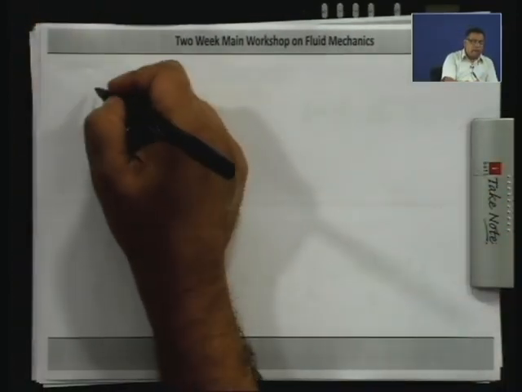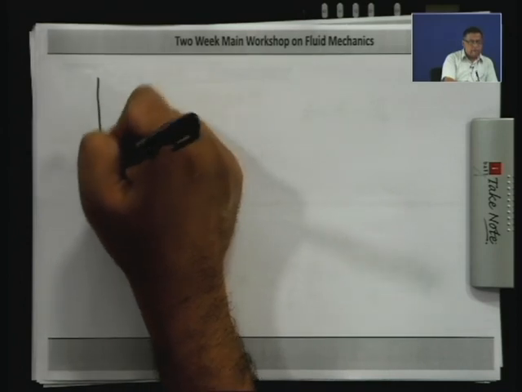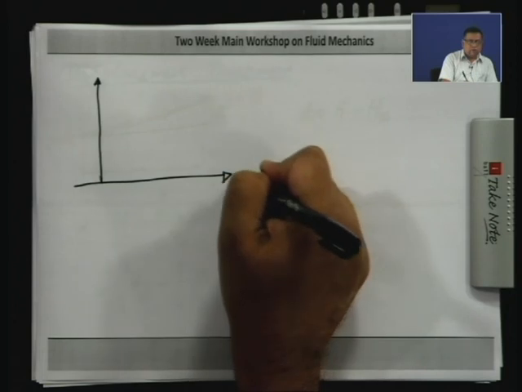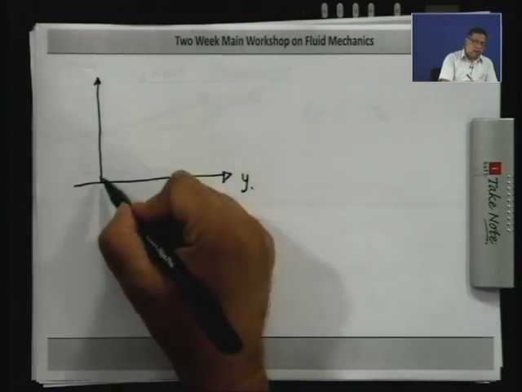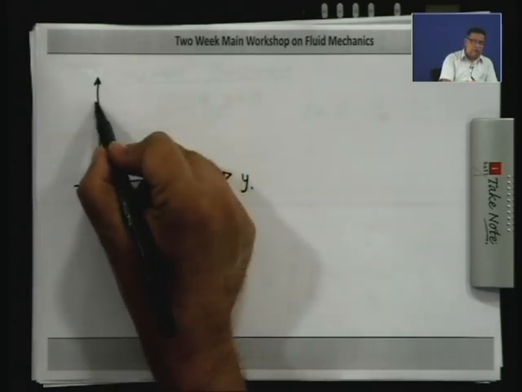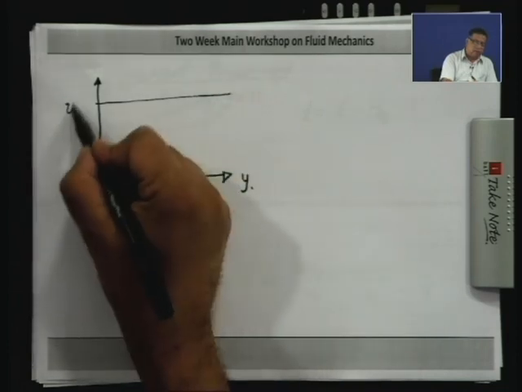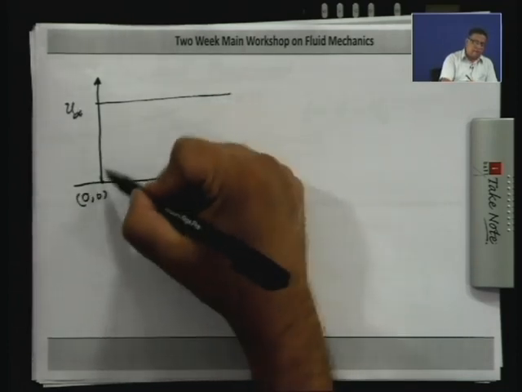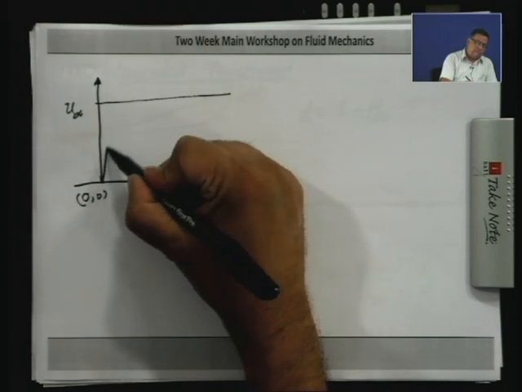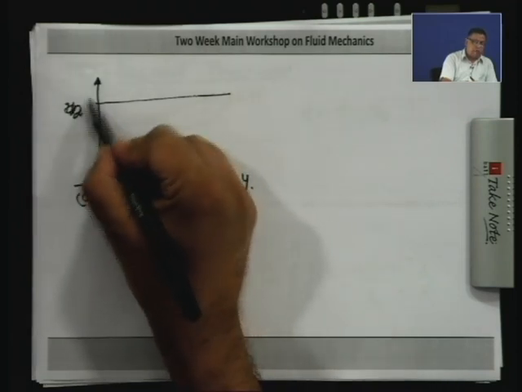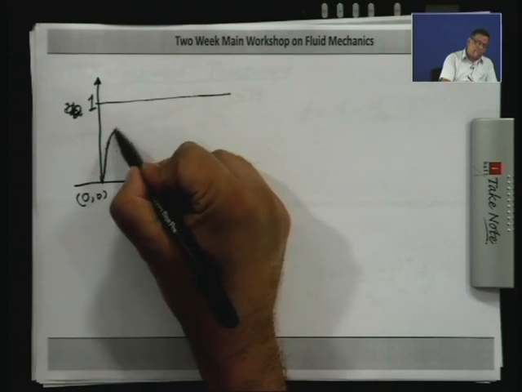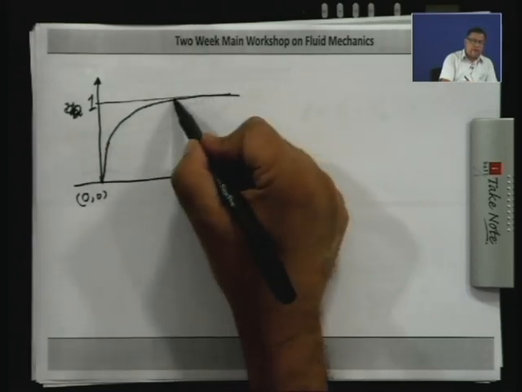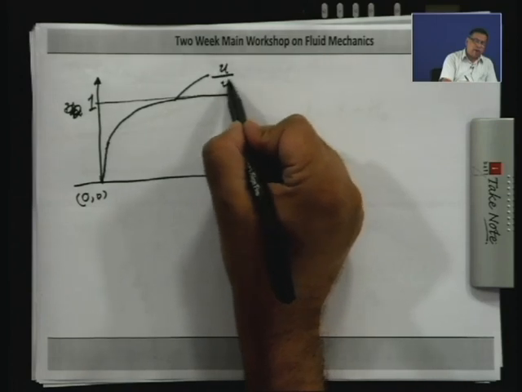Now, I will show the typical variation of this quantity. So, let us say I plot quantities versus y. If I say this is u infinity and this is 0, u by u infinity will go to 1, sorry. This is a typical profile u by u infinity.